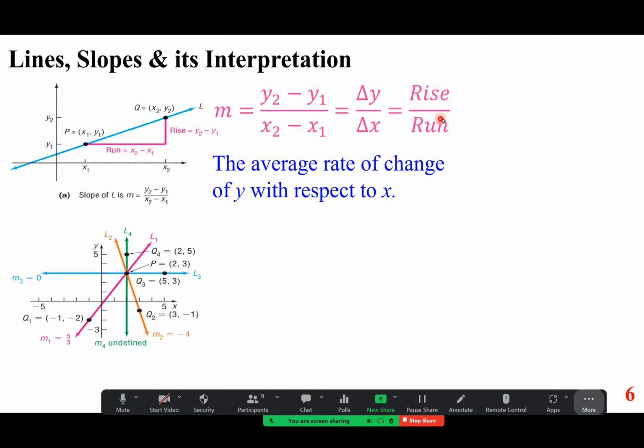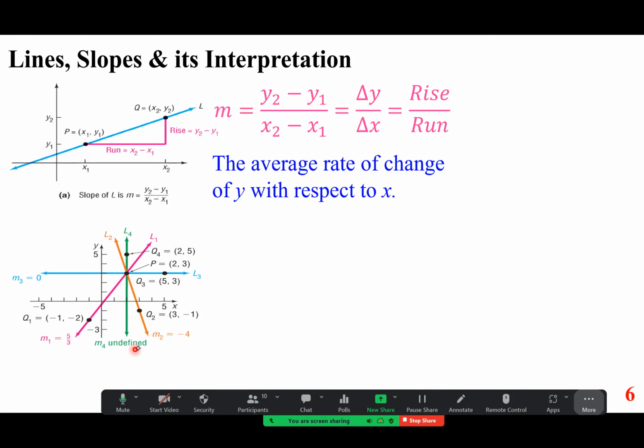When we look at this, we notice this is the x, this is the y. This is a line with a positive slope. This is a line with a negative slope. A horizontal line has a slope which is 0.